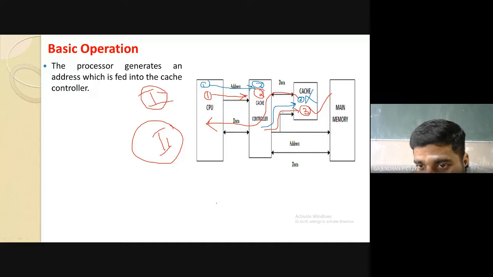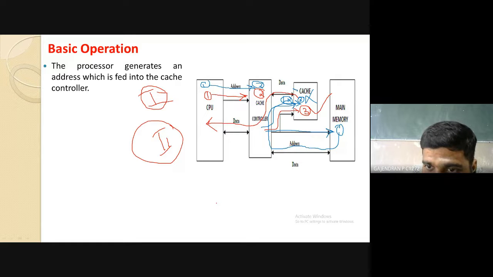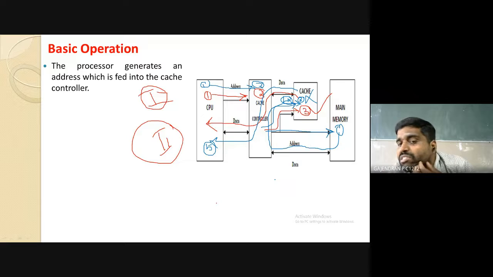Therefore, cache controller again goes to the main memory and gets the information, if the information is available here, takes it and stores it in the cache, then takes from the cache through the cache controller and brings it here. That's all. It's very simple.